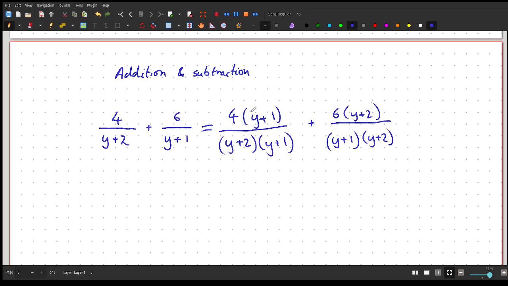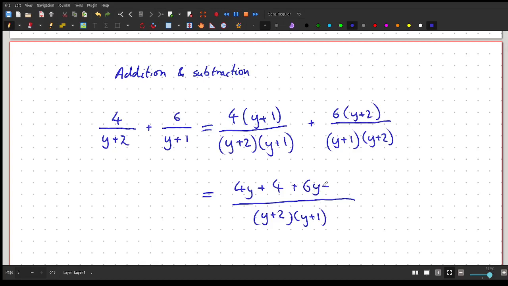Right, now we want to expand the brackets in the numerators, so we're going to have 4y plus 4, and this can all be over a common denominator now, so this can just be all over y plus 2 and y plus 1, and then we'll have 6y plus 2.